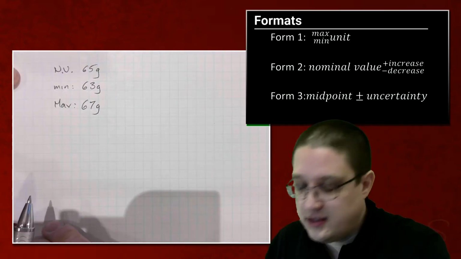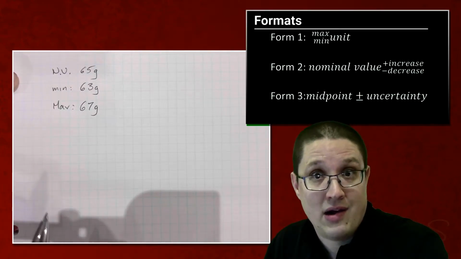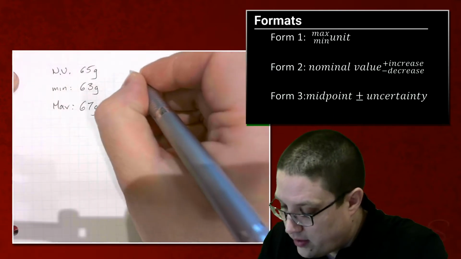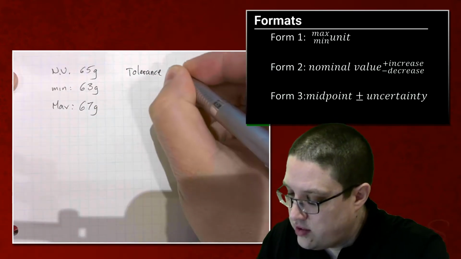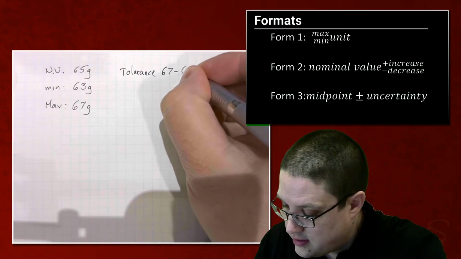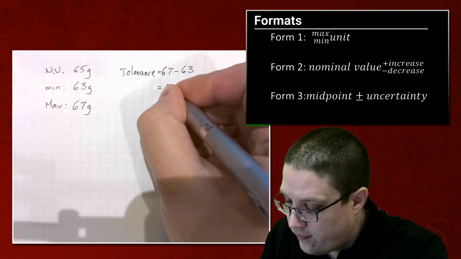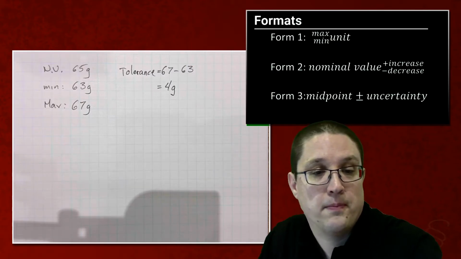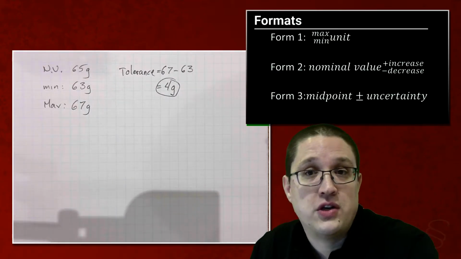When I'm looking at this, the first way to write tolerance is that I should actually calculate my tolerance. My tolerance in this case is just going to be 67 minus 63. So my tolerance is going to be 4 grams. This is just the range of acceptable values.